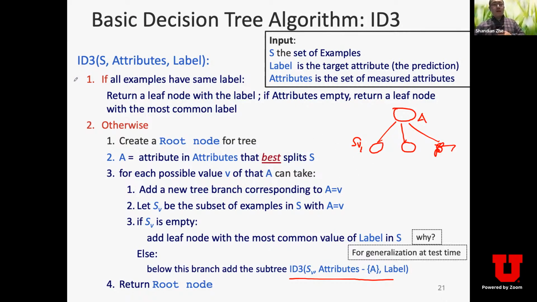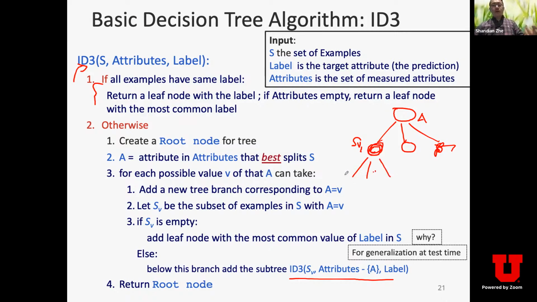Now you can view that, you look at this ID3 algorithm and run it again under this SV1. You first check if all the labels in SV1 are the same. If they're the same, SV1 should be viewed as a leaf node, which is not the case here. Otherwise, you create a root node for this subtree, and then you pick an attribute to split SV1.